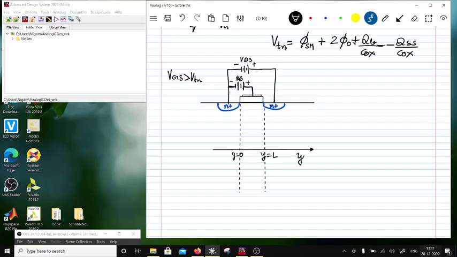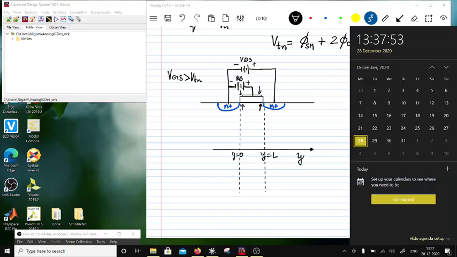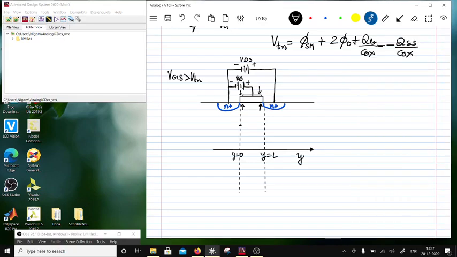When we apply VDS, the net potential across the channel over here on the source side will be VGS minus VTN. So let's say VGS minus VTN is a quantity.